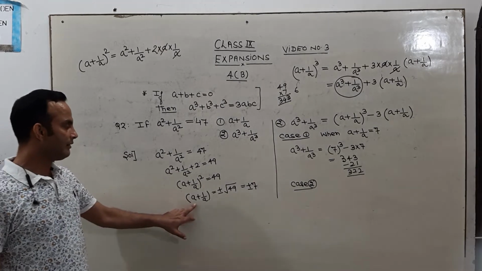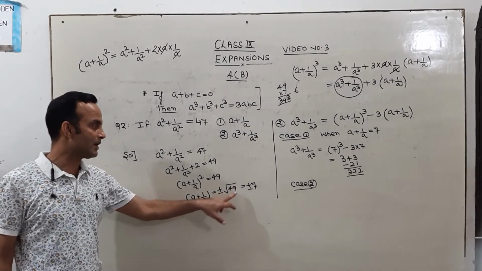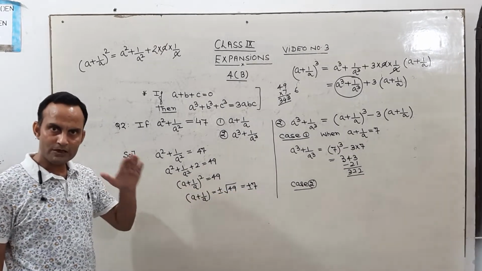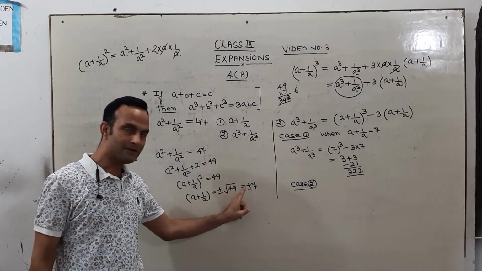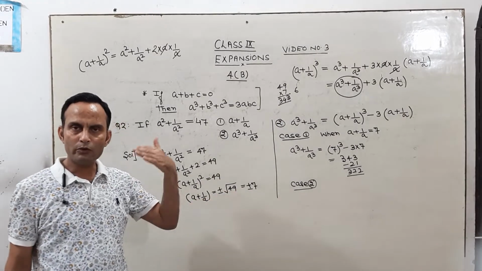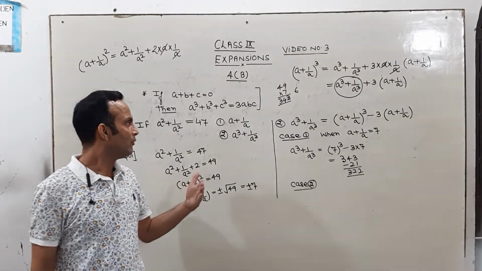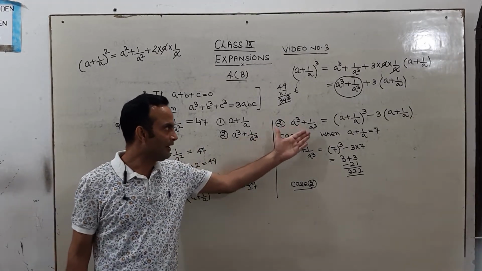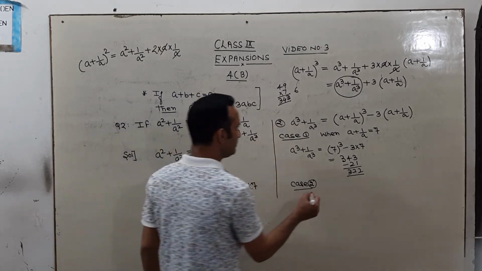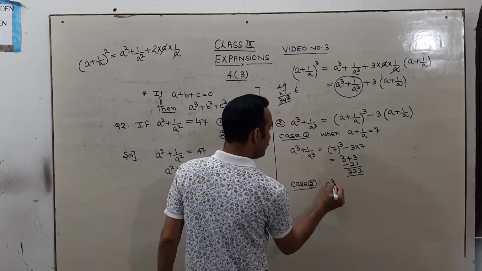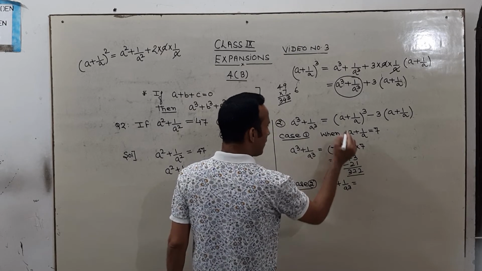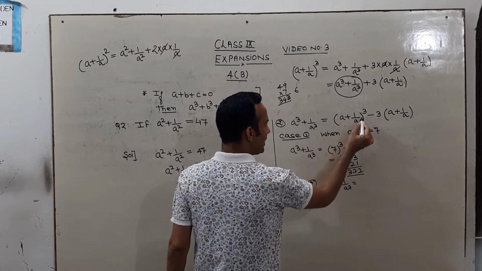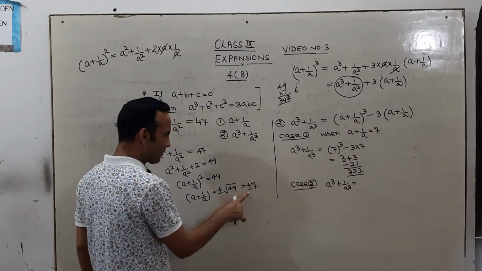Here you can see the value of a plus 1 upon a is plus minus 7. So, first find out the value of a cube plus 1 upon a cube for positive 7, and after that find out the value of a cube plus 1 upon a cube for minus 7. Now see, a cube plus 1 upon a cube becomes what? (a plus 1 upon a) का whole cube. What is the value of a plus 1 upon a now?